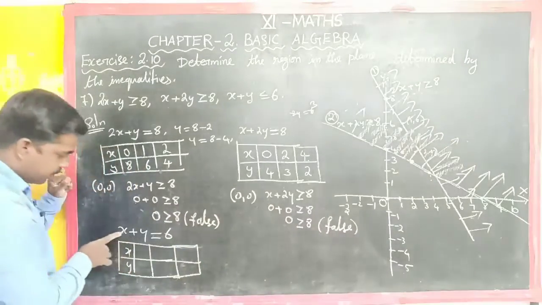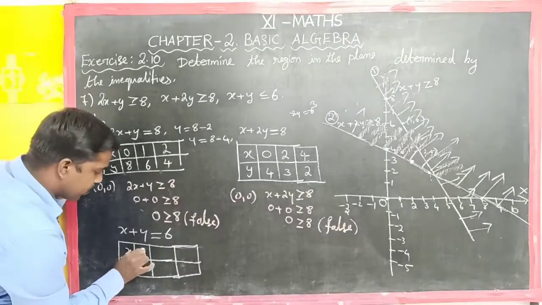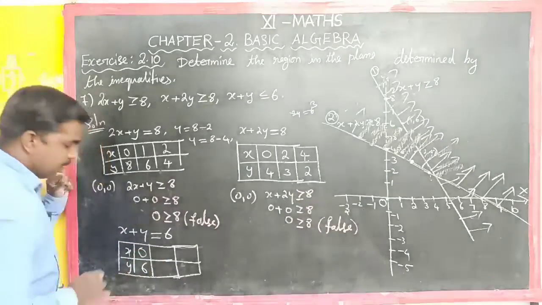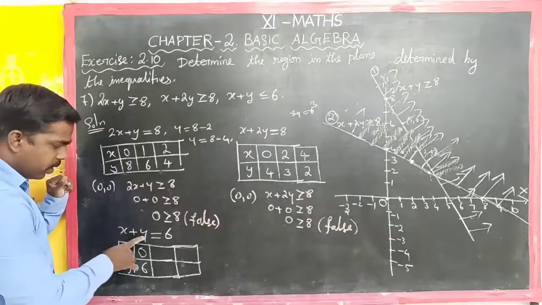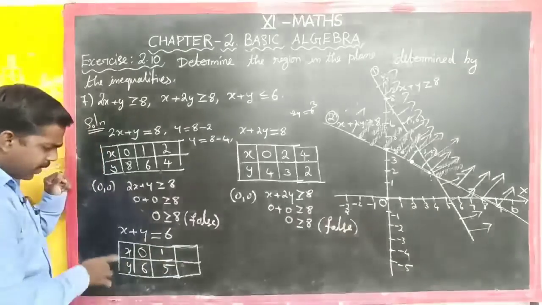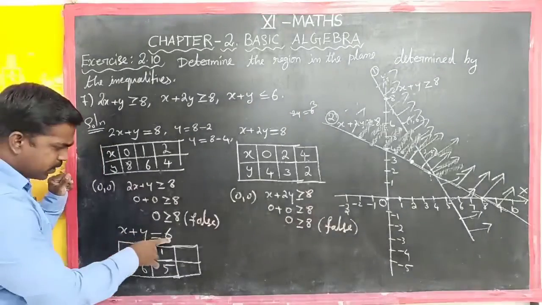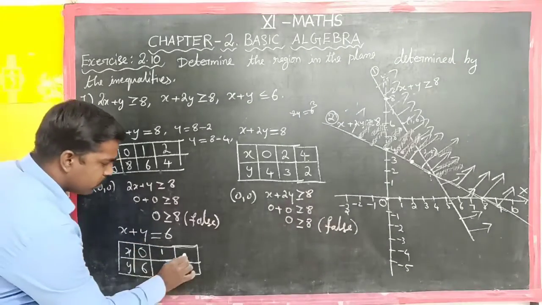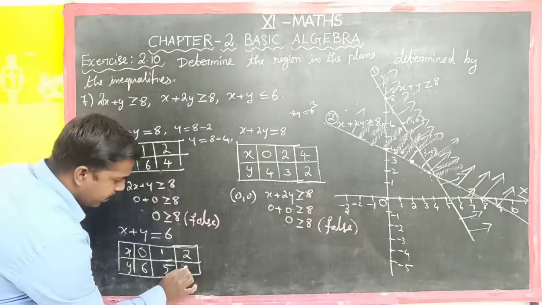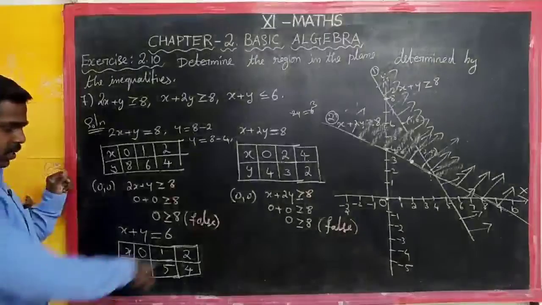First I will give 0. If x is equal to 0, then y is equal to 6. Next, if x is equal to 1, then y is equal to 6 minus 1, which is 5. Next, x is equal to 2, so 6 minus 2 is 4.